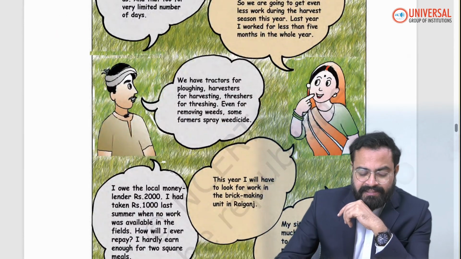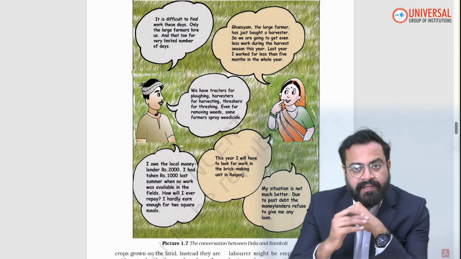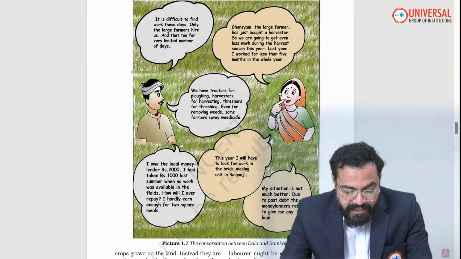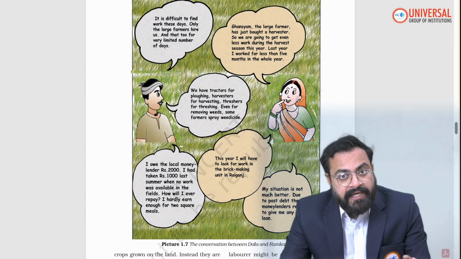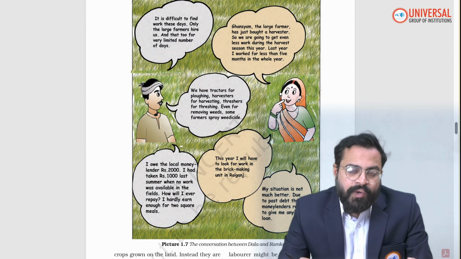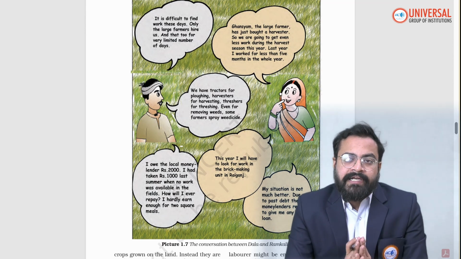As you see, the discussion happening between the two villagers in this particular part, Dala and Ramkali, is about credit, the need for credit. Now here again, reinterpretation.